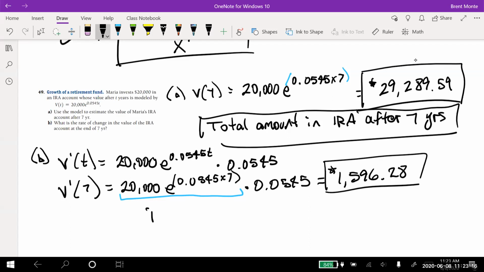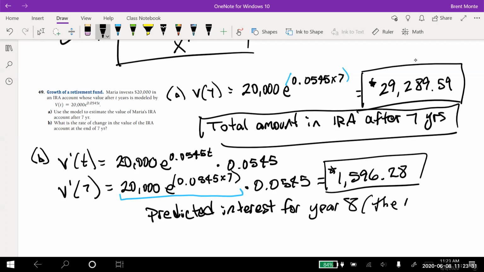So this is predicted interest for year 7. Oops, for year 8, the next year. And notice we can only use it for the next year.